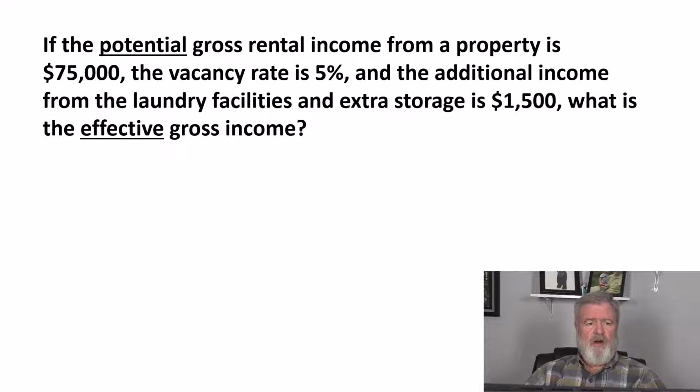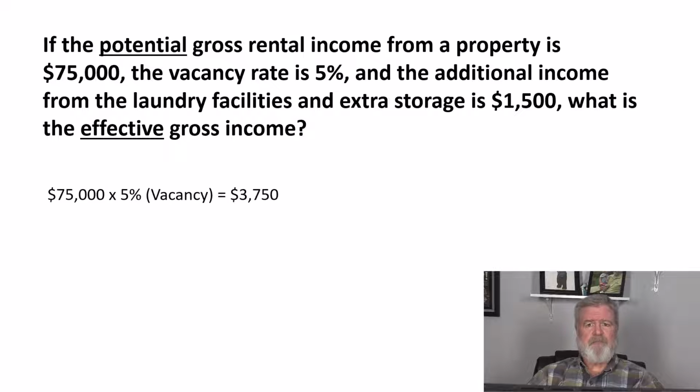So where do we start here? Well, we always have to start with vacancy, okay? Anytime they give you a vacancy rate, you have to figure out what that equates to in terms of dollars first. The way you do this, you take the $75,000 potential times the vacancy rate, in this case 5%, which gives you $3,750.